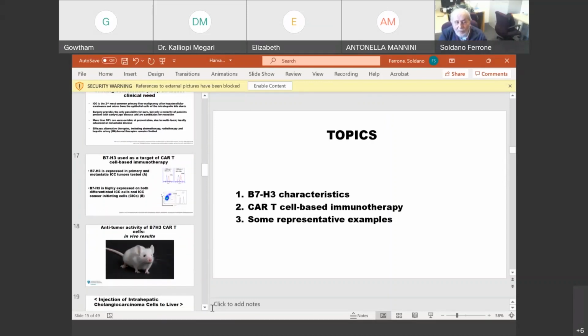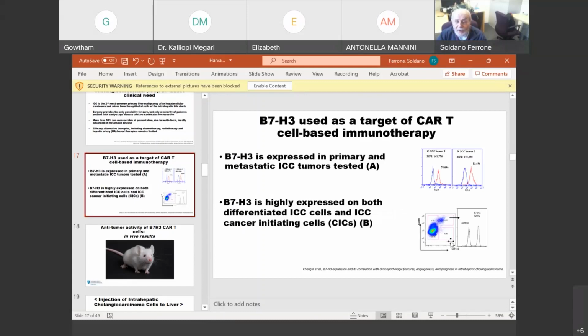So the first thing we did was to show that the B7H3 CAR T cells can recognize the intrahepatic cholangiocarcinoma cells, both primary and metastatic, and that they can recognize not only the differentiated cancer cells, but also the cancer-initiating cells for the reason I mentioned before.